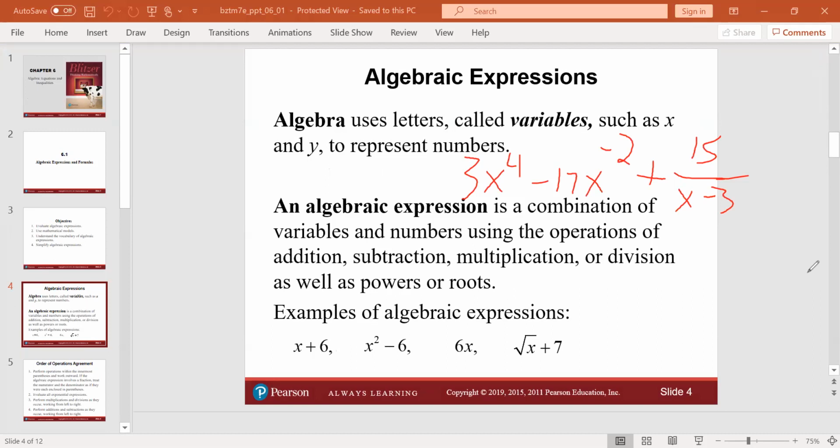I agree, it is nasty, it's not pretty, but it is technically an algebraic expression, because all it does is involve variables. In this case, it only has one, but heck, we can throw another one in there. How about 3y to the 7th? It involves variables, numbers, combinations of them, adding, subtracting, multiplying, dividing, taking square roots. None in this case, but heck, throw a square root in there, go crazy. Those are algebraic expressions. So it's just an expression.